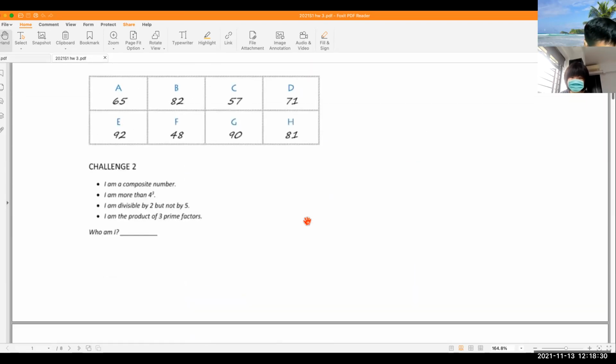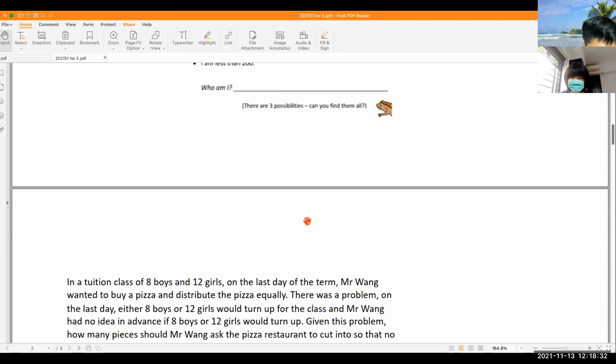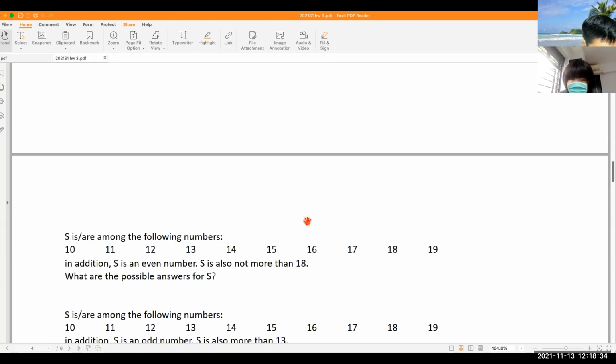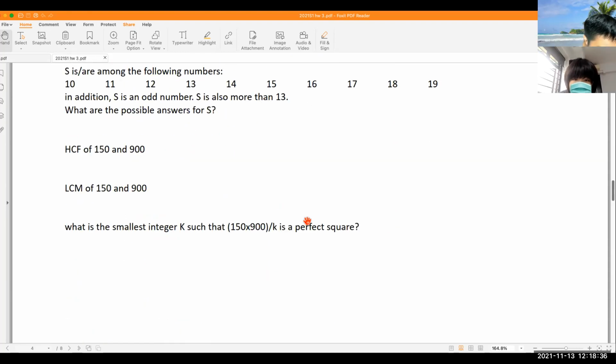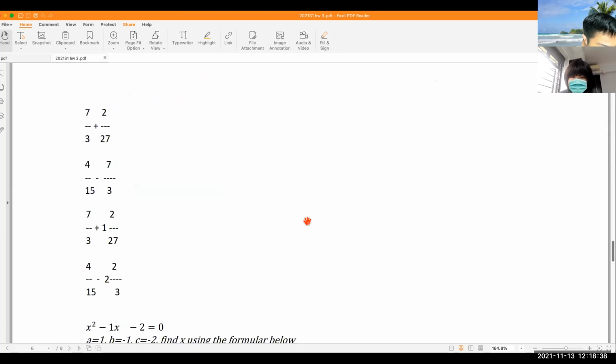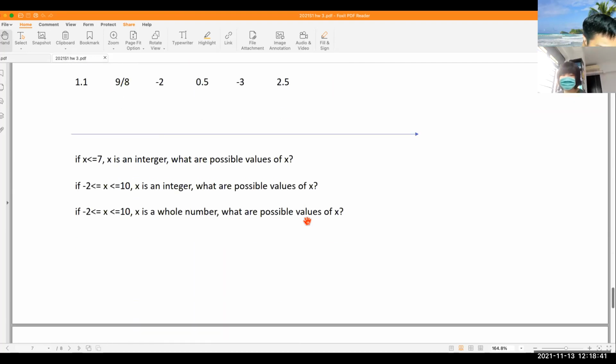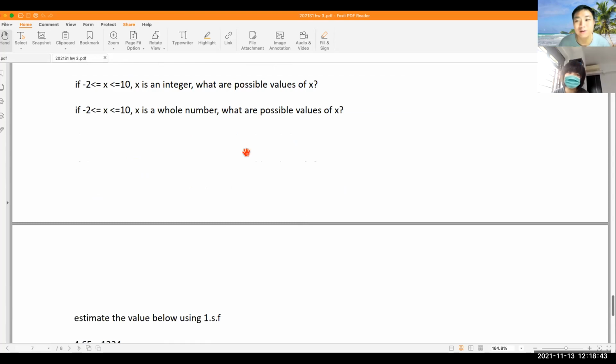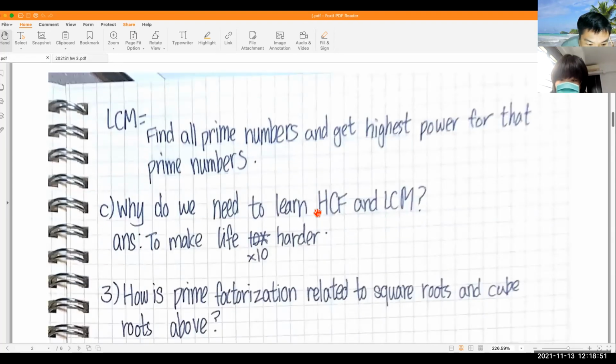So over here, I don't see a question on some examples of prime numbers. Nowhere I can see. Wait, let me see. Homework 3. Hey, it's here. It's why do we need to learn HCF and LCM?